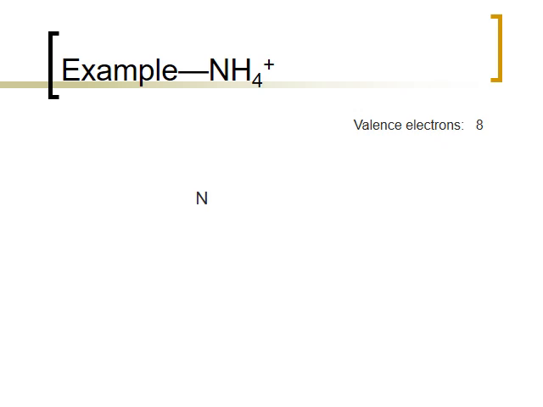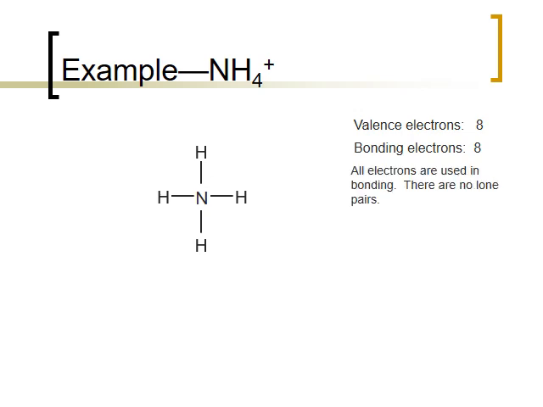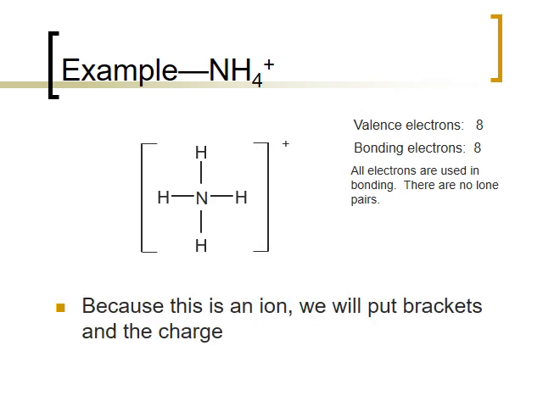We put our nitrogen in the middle, surround it by the hydrogens, and create our bonds. Well, with 4 bonds, we've used 8 electrons. There are no more electrons to place anywhere else. There are no lone pairs on this ion. Because this is a polyatomic ion, we're going to put brackets around it and put the charge on the outside.